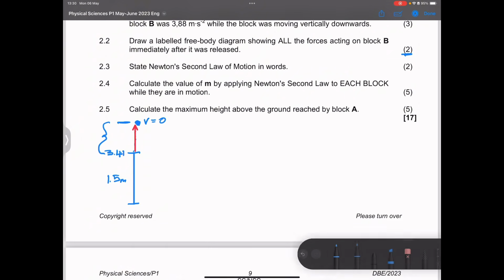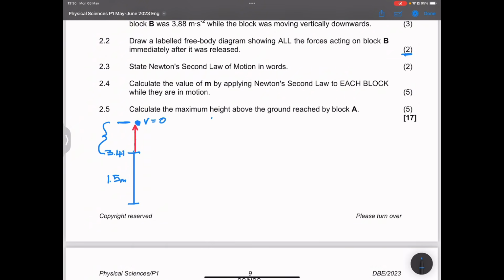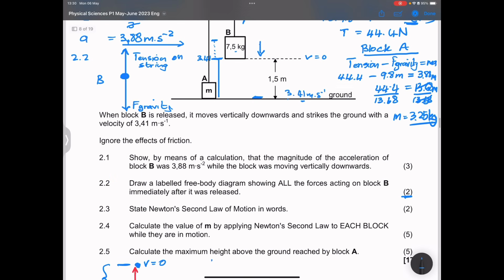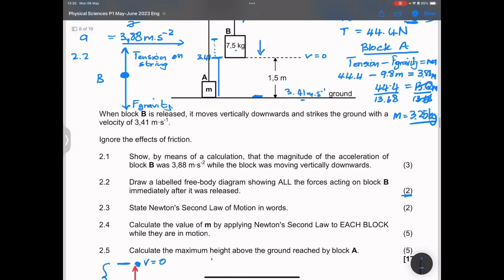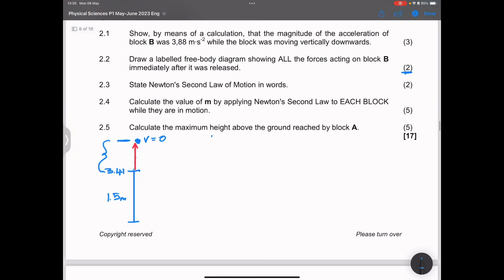So my initial velocity is 3.41, which is the same as the velocity of B, of A rather. Final velocity is 0, and acceleration is due to gravity.